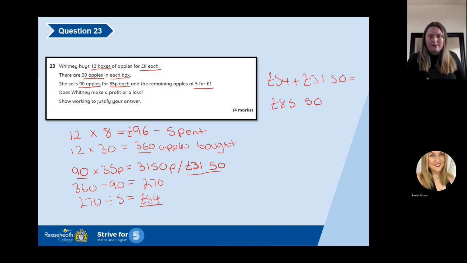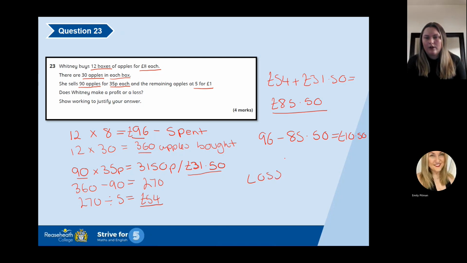When I did this exam myself, I left it at that and said she's at a loss because she spent 96 and only brought in £85.50. But the mark scheme is looking for a little bit more justification. If we do 96 minus £85.50, that means she's lost £10.50.